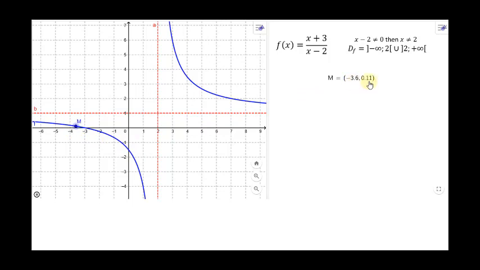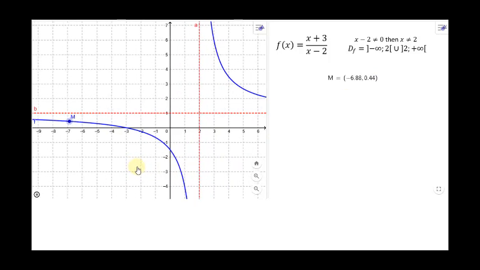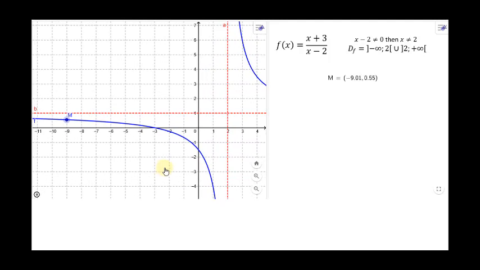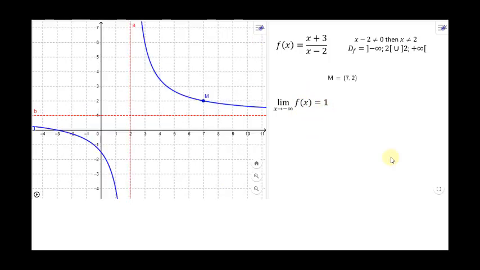So let us see what will happen to y of M. As x of M decreases, y of M is approaching 1. So we can write it as a limit. We can say limit as x tends to minus infinity of the function f of x is equal to 1.